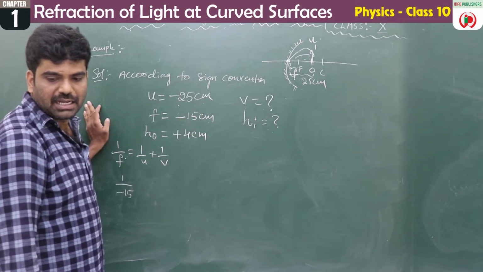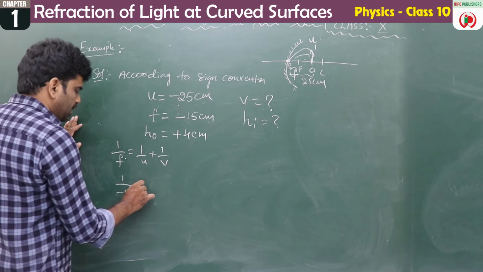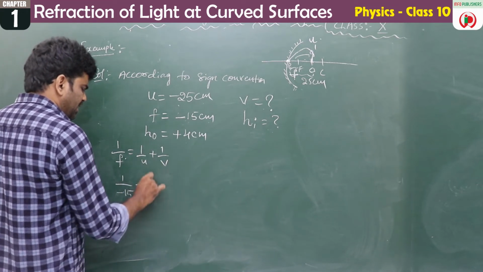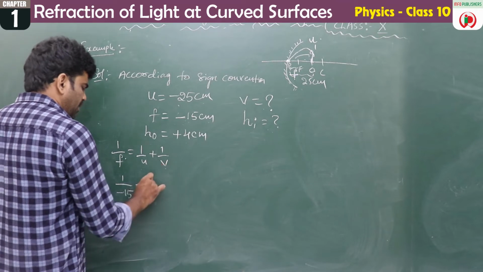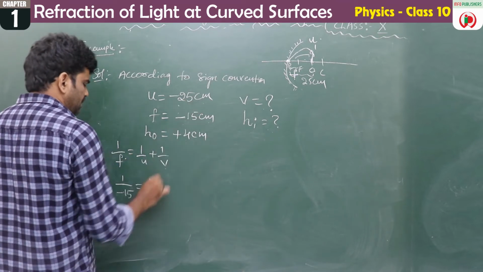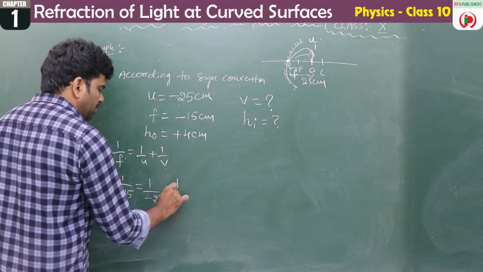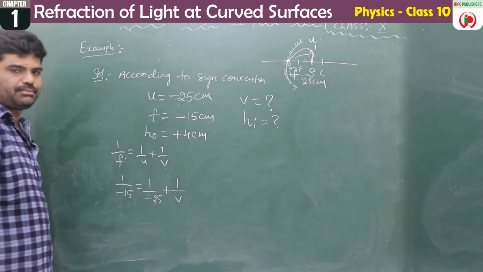So 1 by minus 15 is equal to 1 by u, which is given, 1 by minus 25, plus 1 by v, which we have to find out.